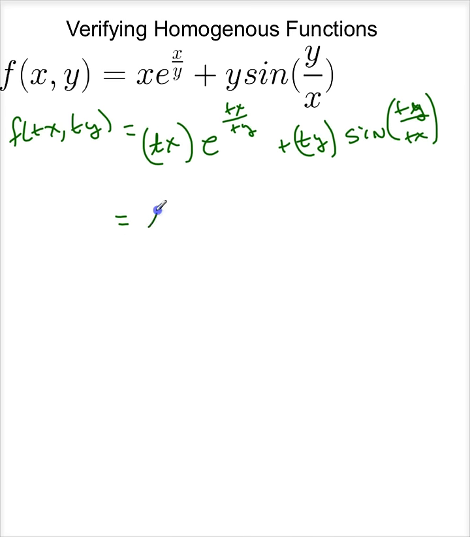And this simplifies to tx e to the x divided by y plus ty sine y over x. And lo and behold, this is t times x e to the x divided by y plus y sine y over x. So indeed, this is homogeneous, degree 1.